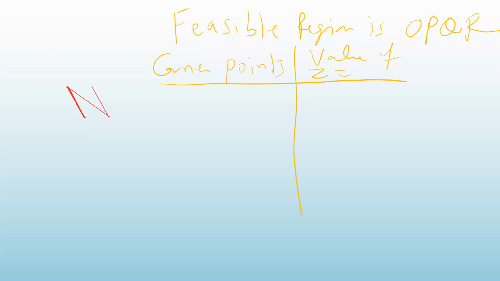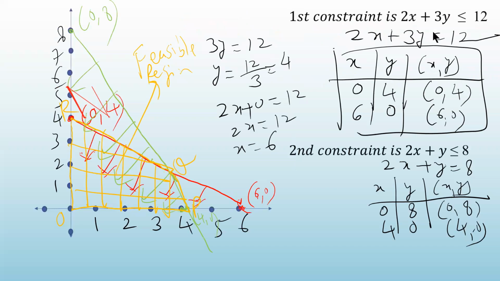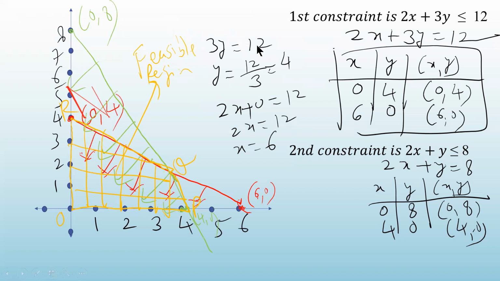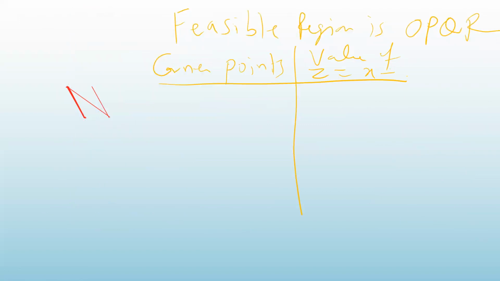Okay. So now what you have to do, make a table like this, write down the corner points and the value of Z on them. What is your Z? Z is X plus Y. So write down the coordinate points O, P, Q, and R, and write their coordinates.